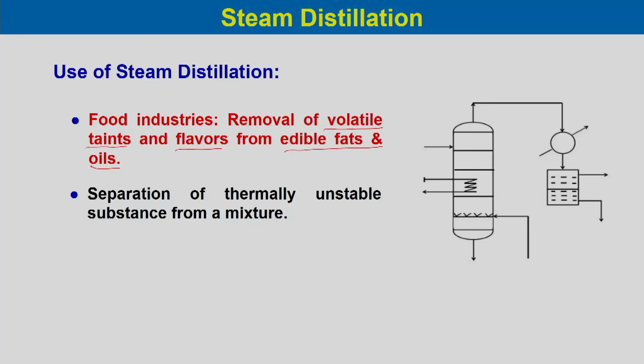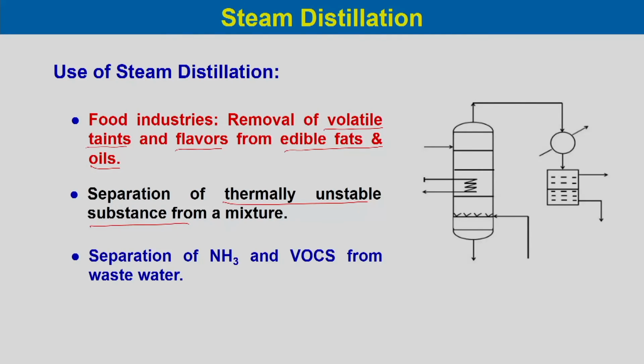Second is separation of thermally unstable substance from a mixture. So, if you have a thermally unstable substance which will degrade at high temperature, it can be separated by steam distillation. Like separation of ammonia and VOCs from wastewater, it can be done using steam distillation.